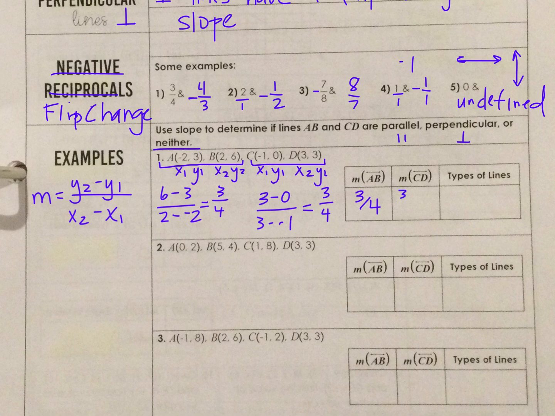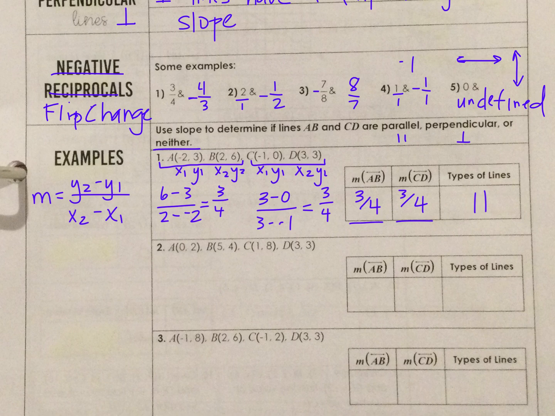Okay? So I've got a 3/4 and a 3/4. Those are exactly the same. That means that if it's the same slope, those lines are parallel. All right?